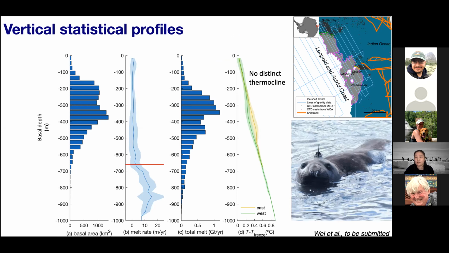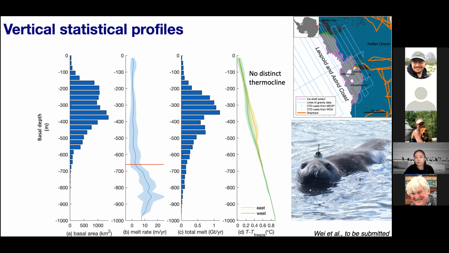There's a significant bump in the depth around 675 meter, which is marked by the red line, whereas above that depth, actually the melt rate is relatively lower and constant at about 1 meter per year.